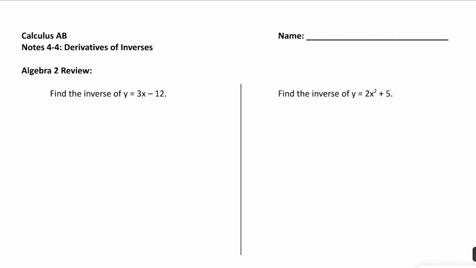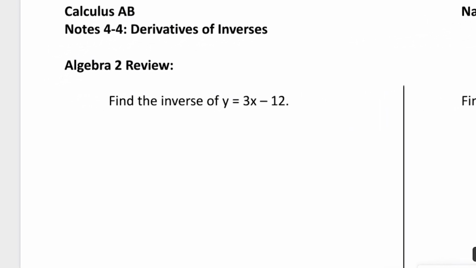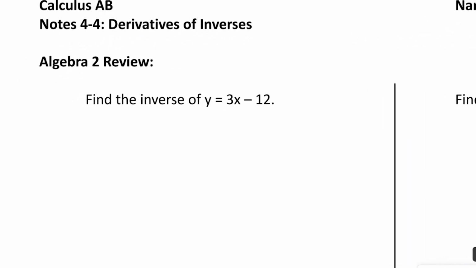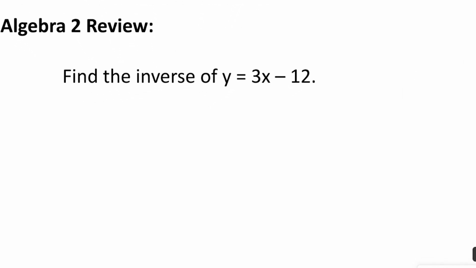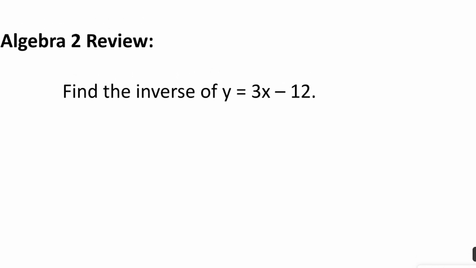In Algebra 2, you learned how to find these inverse functions algebraically. Basically, you take that idea of reversing the inputs and outputs. In this case, our inputs are x and our outputs are y. But if we want to find the inverse, we flip what our inputs and outputs are. So our inputs would now be this variable, and our outputs would be this variable.